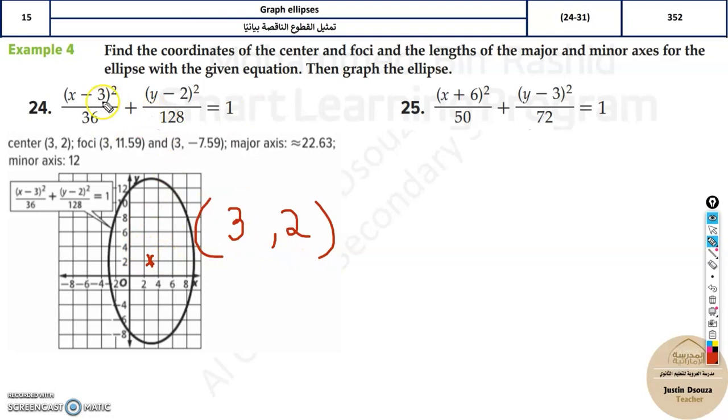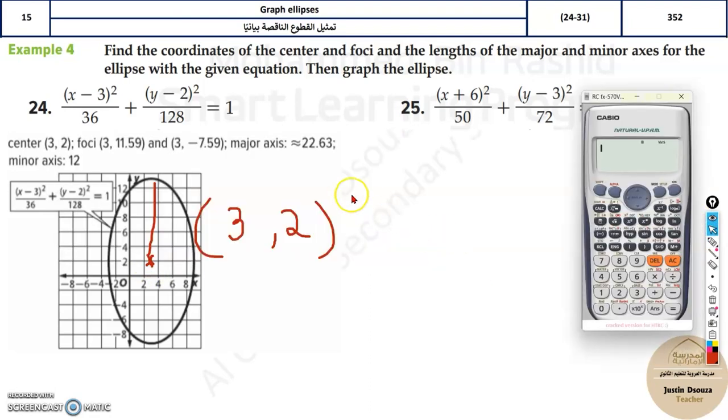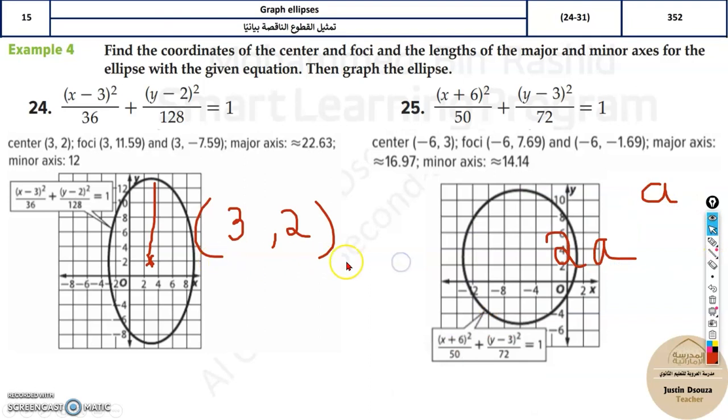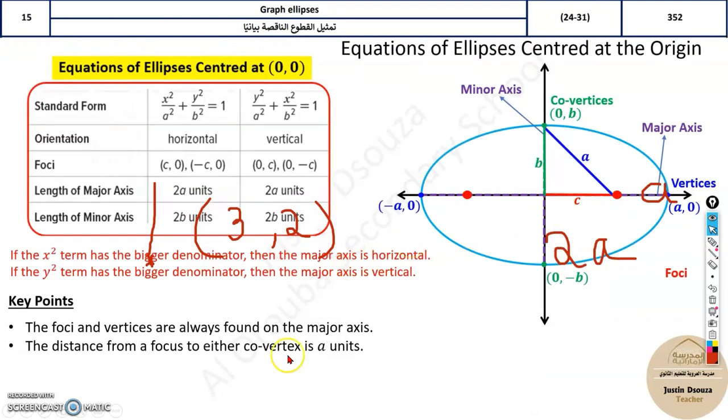Now, the center is found from the equation. What about a? Now, 2a or the a value, that is the major axis value. All you need to do is take the square root of this. Square root of 128 will give you 11.31. Sorry, this is not the major axis. This is the a value. The major axis is always given by 2a. Let me go back over here.